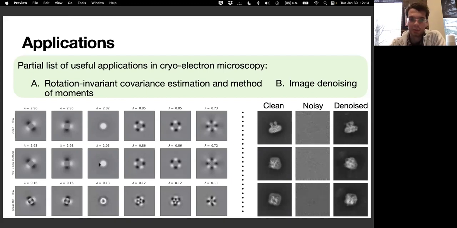And the middle row is PCA that we achieved using our techniques on the noisy images. And you can compare this to the first row and see that they're pretty similar. And then as a contrast, on the bottom row is an older technique in the cryo-EM literature that tries to do the same thing, but you can see that it is lacking a little bit in quality.